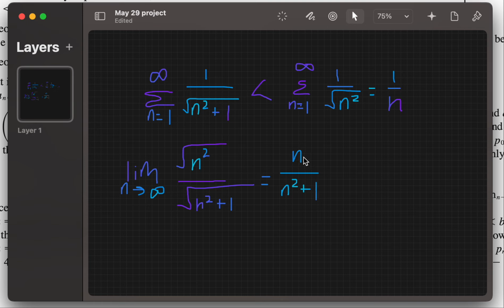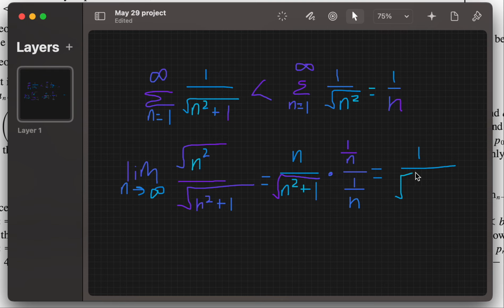As n goes to infinity, both the numerator and the denominator go to infinity, so perhaps you should simplify it by multiplying both the numerator and the denominator by 1 over n. So multiplying n by 1 over n gives you 1, and multiplying the radical of n squared plus 1 by 1 over n may seem tricky, but 1 over n is equal to the radical of 1 over n squared.